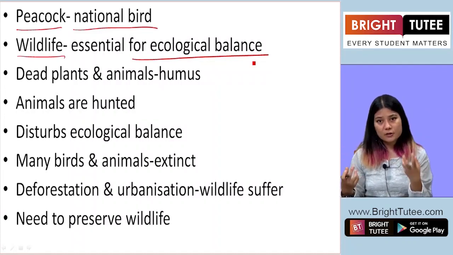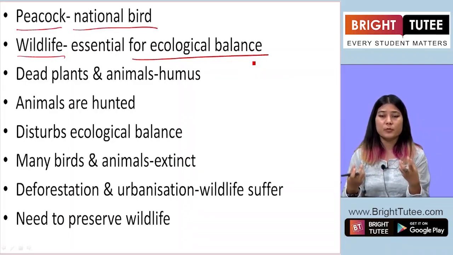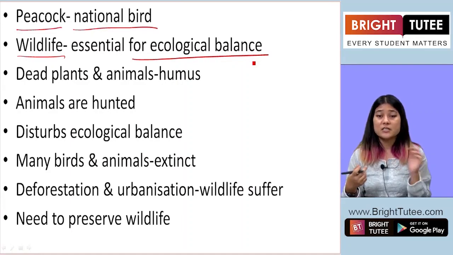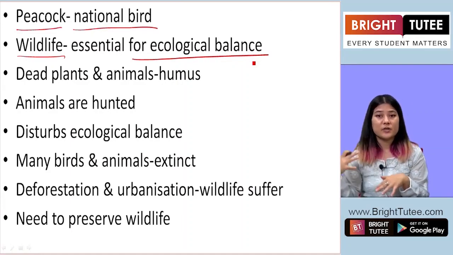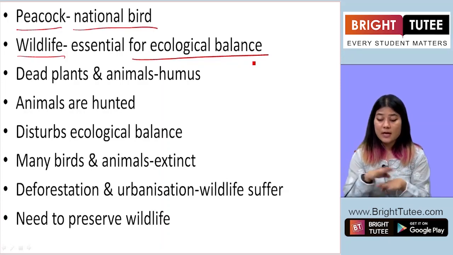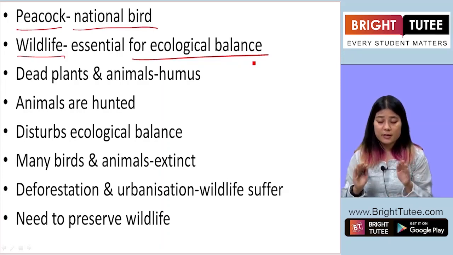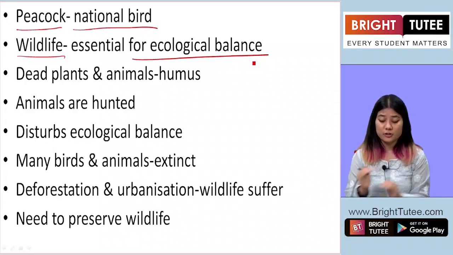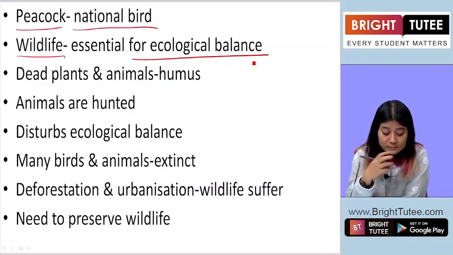If any of these components, plants, animals, human beings, suffer, then the other components also suffer. So it's very important to maintain the ecological balance.